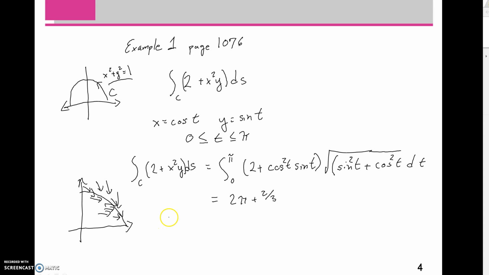And that information on the line integral of a vector field starts on page 1083, which is different from what I had just mentioned. A prime example is work, work done.